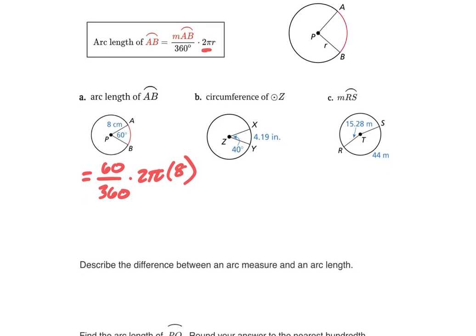We're just going to plug that right into our calculator. Let's multiply all that together, and we should get about 8.38.